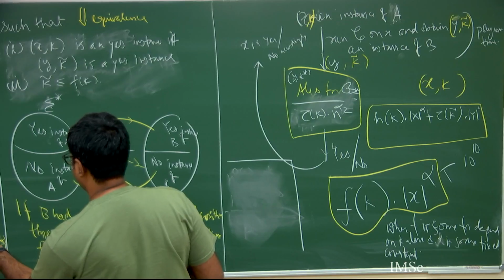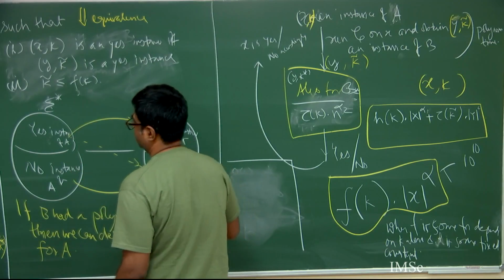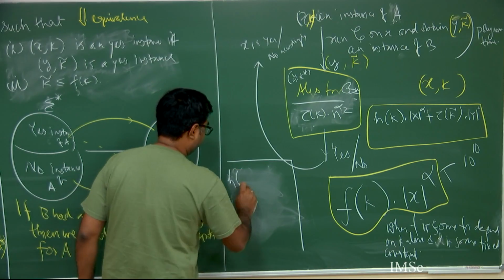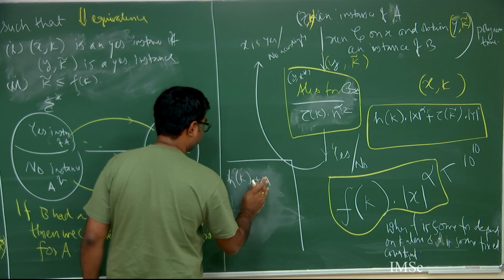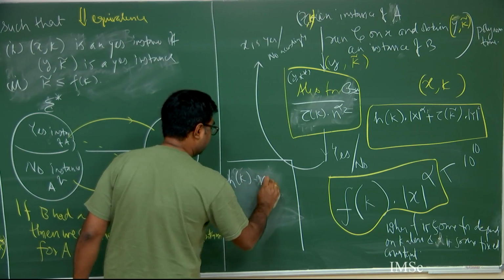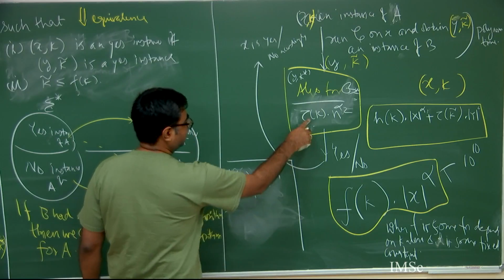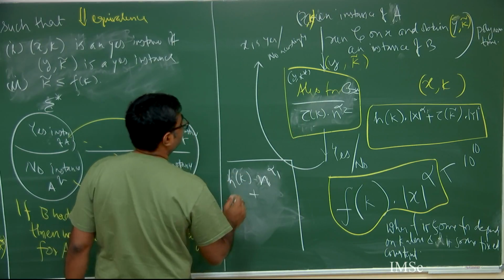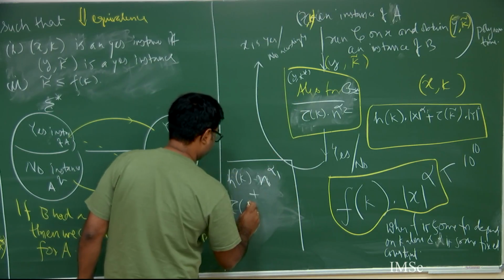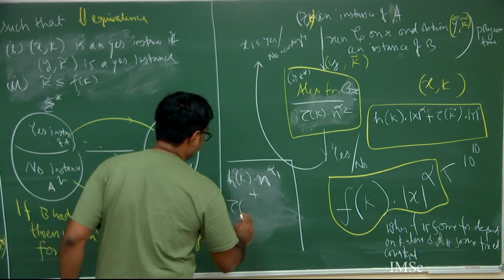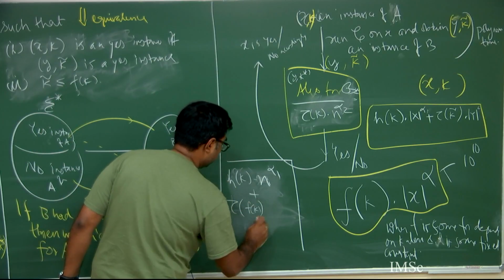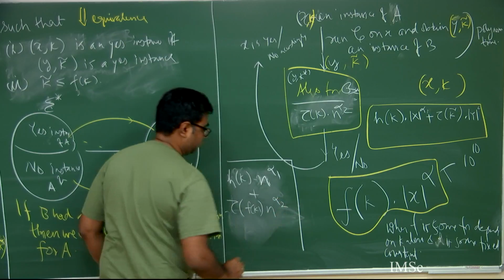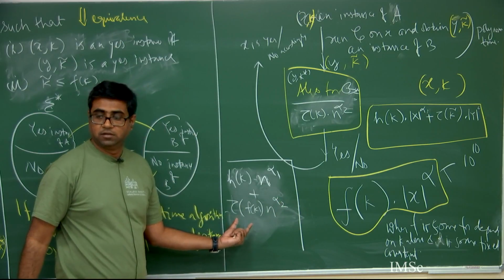So it would have been h of k plus h of k times n to the power alpha 1 plus tau, suppose this is bounded by some function of k times n to the power alpha 2, and this is perfectly fine, right?